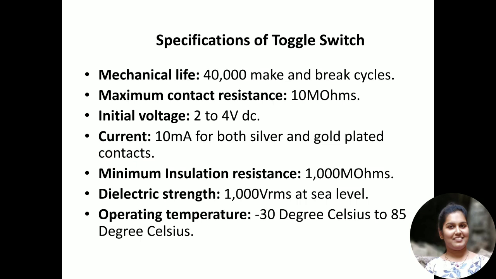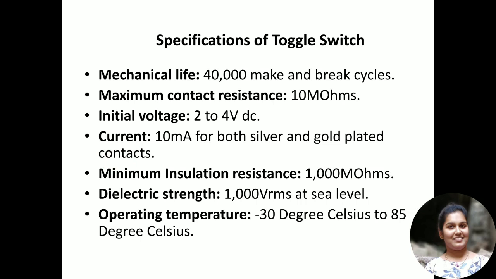The current rating for this toggle switch is up to 10 milliamperes, and the minimum insulation resistance is up to 1000 mega ohms.